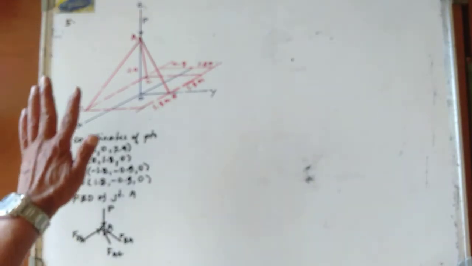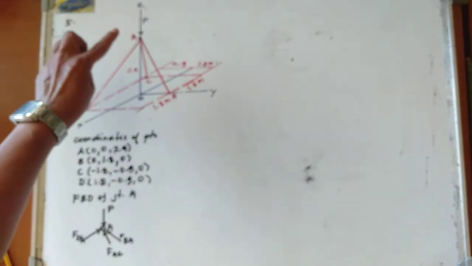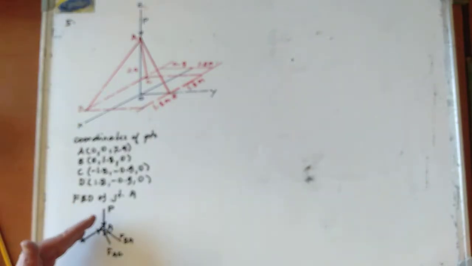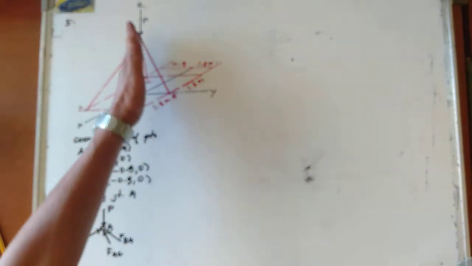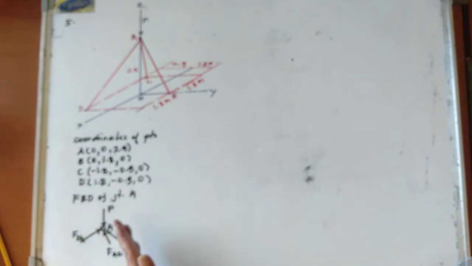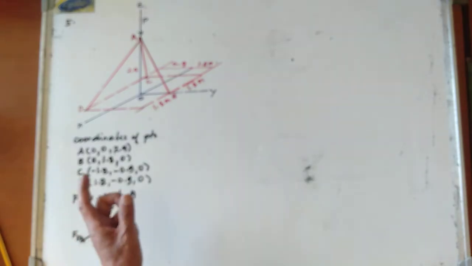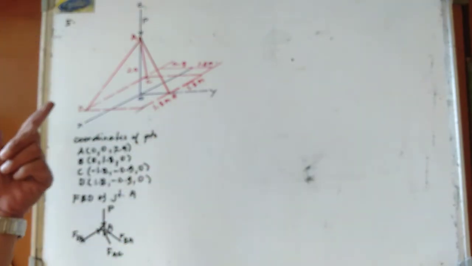Okay, let's try to draw the free body diagram of joint A. We have the load P, and then we have FDA, FAC, and FBA.